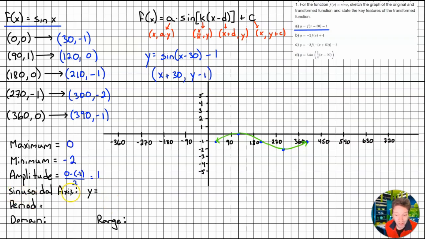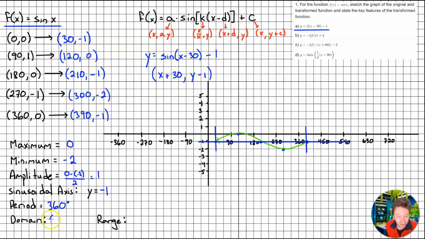Your sinusoidal axis, that's right there in the middle. So that has a value of y equals -1. Your period, right, that is going from here, which is 30 degrees, to 390. So find the difference in that, which is 360.